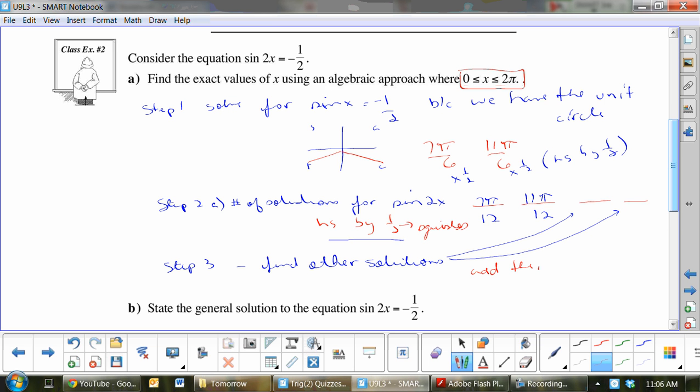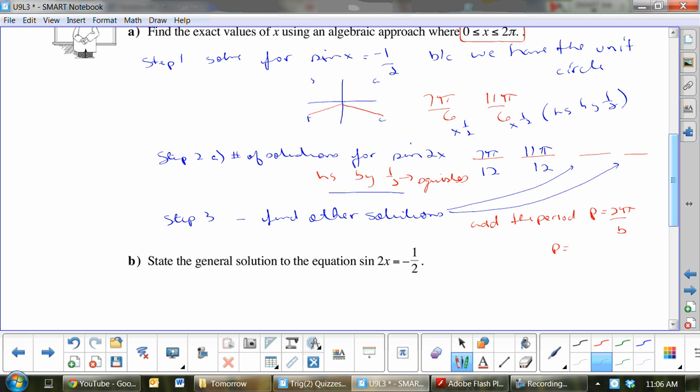A period. How do we find the period? What's the formula? P equals 2 pi over B. So in this case, P would equal 2 pi over 2, so that's pi. Now, we're going to come up here and we're going to add pi.